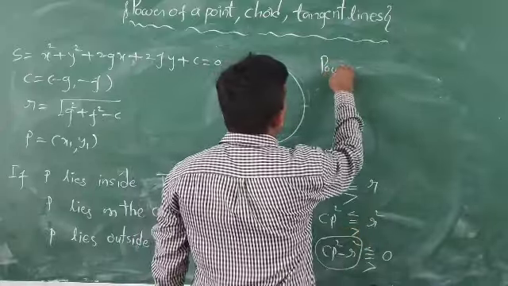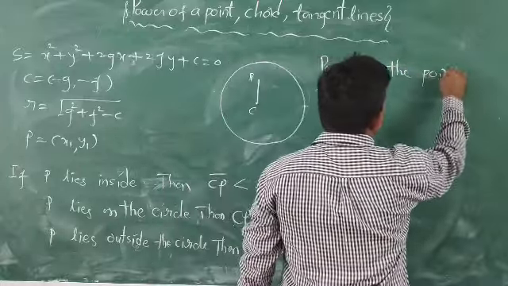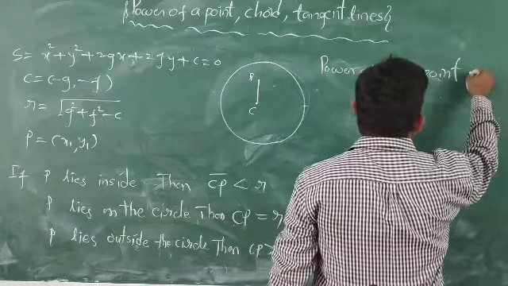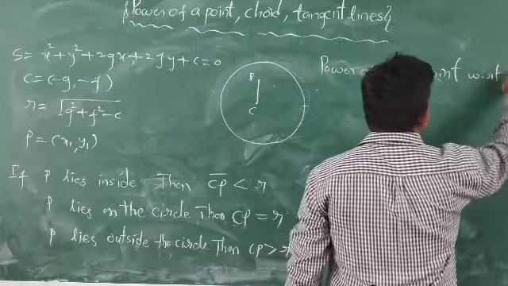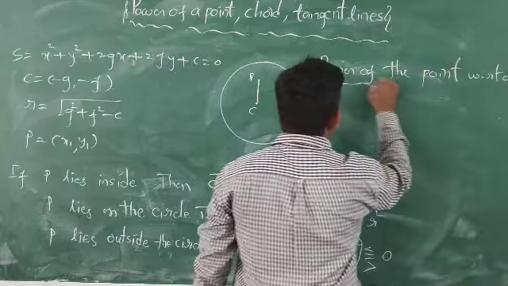So, power of the point with respect to a circle. What is the meaning of power of the point with respect to the circle?